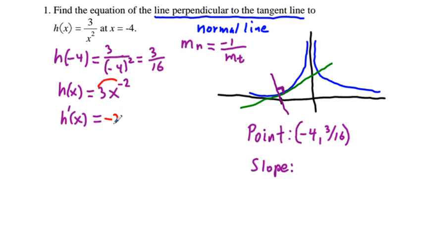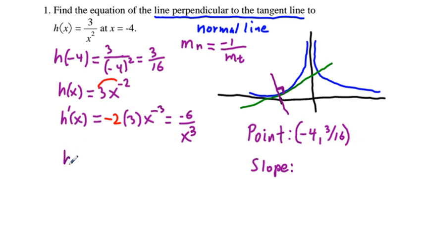So we have -2 times 3 times x to the -2 minus 1, so we subtract 1 from this -2, we get -3. And what that's going to give us is -6x to the -3rd power, which is -6 over x to the 3rd power.